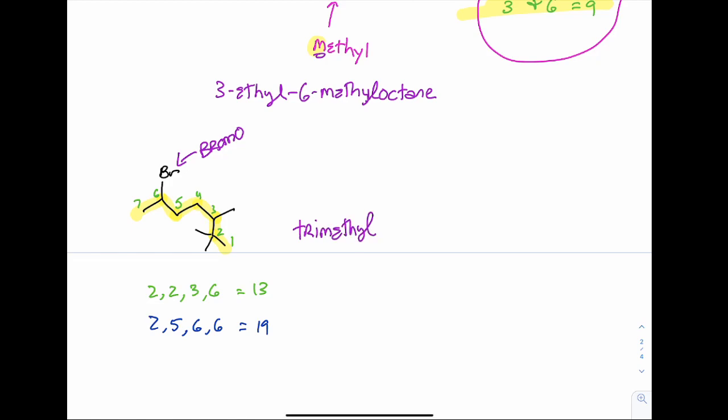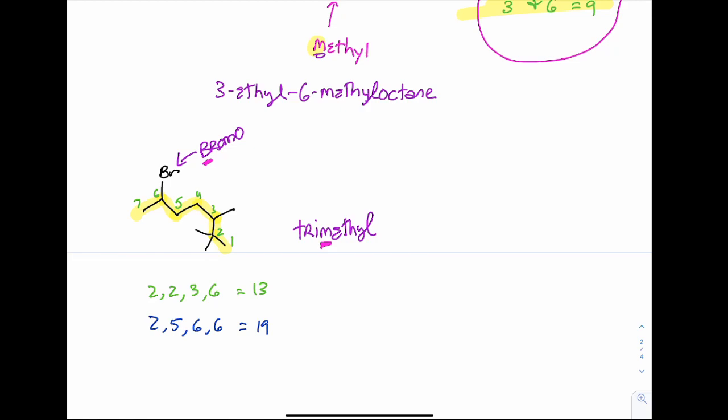And remember, when we're alphabetizing this, we're alphabetizing it based on the M. The di, tri, tetra don't count. So for alphabetizing purposes, this gets alphabetized on the B, this gets alphabetized on the M. Now, if you goof this one up and alphabetized it on the T instead, you're going to get the same answer. You're going to get lucky even if you don't know that, but that's not always going to be true.